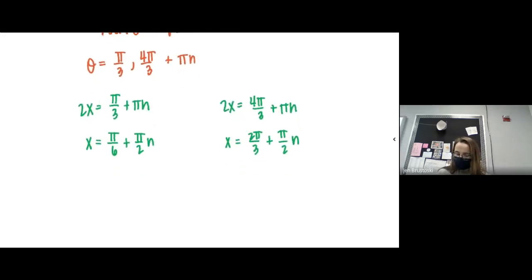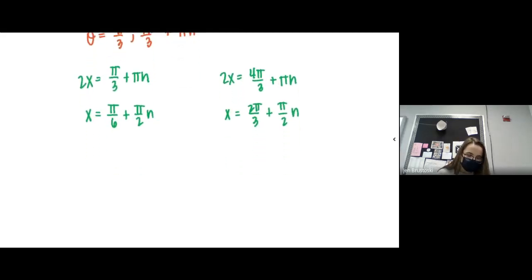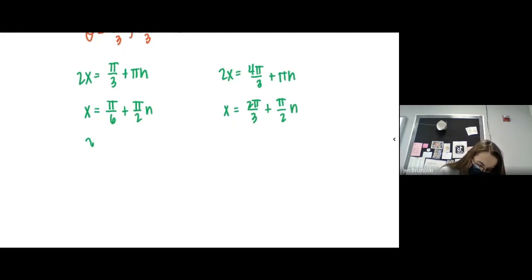We want all the answers between 0 and 2 pi. I'm going to go ahead and rewrite these so that I have common denominators so it's easy to add. So pi over 6 plus 3 pi over 6 n, and 4 pi over 6, we'll just keep it as 4 pi over 6, plus 3 pi over 6 n.